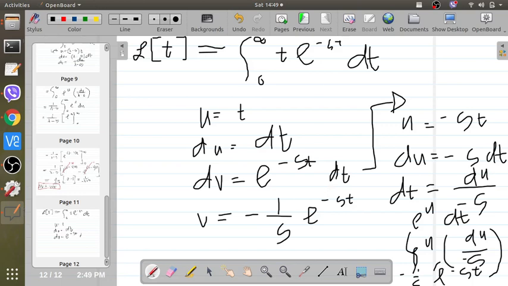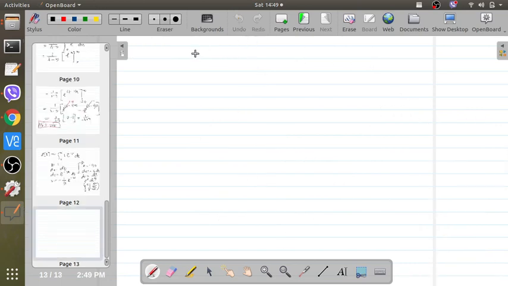So, afterwards is using integration by parts, uv minus integral of v du. So, substitute lang nato sa mga nakuha nato nga value.